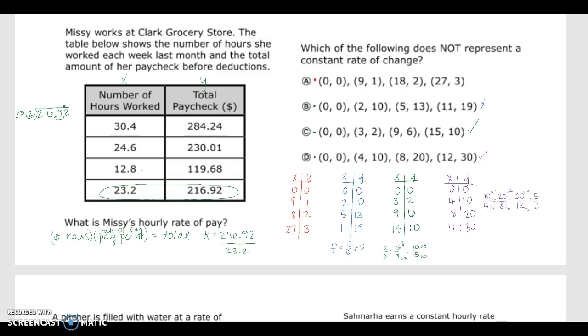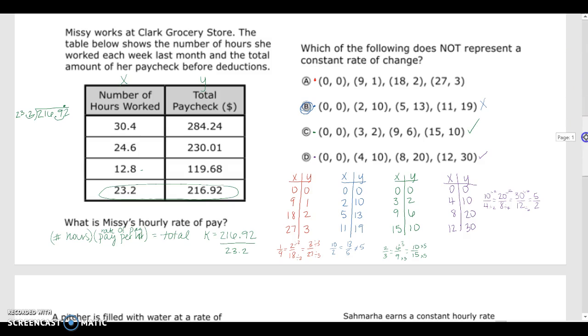So let's check the last one. I have 1 over 9. Is that equal to 2 over 18? Yes, if I divide by 2. Is that equal to 3 over 27? Yes, if I divide by 3. So it looks like our answer here of not a constant rate of change was here with B.